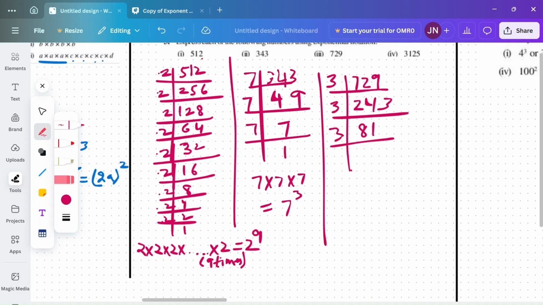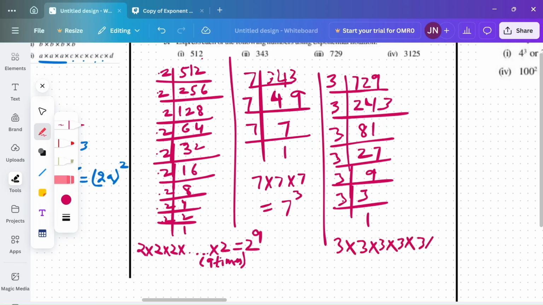Again, 3. Okay, now here it is 1, 2, 3, 4, 5, 6 times 3. So we will write 3 raised to the power 6.